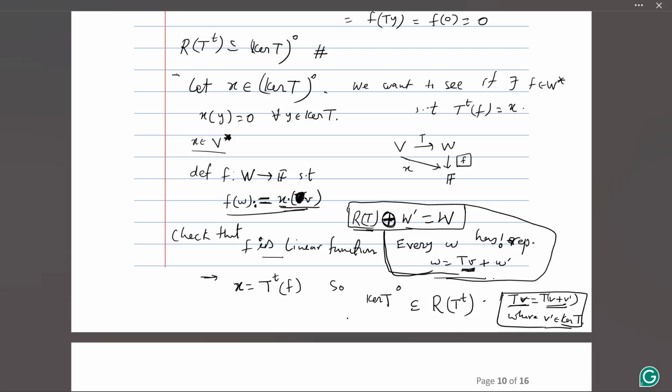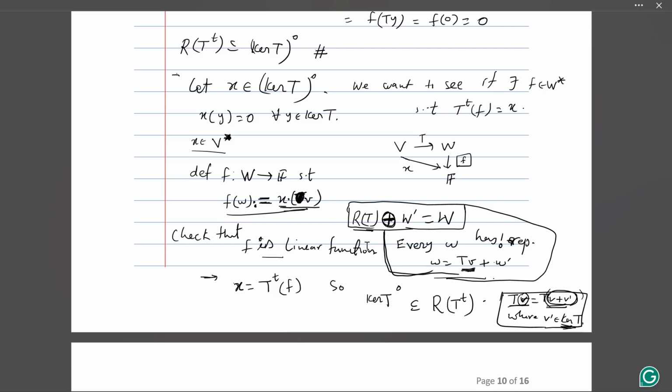Even if you evaluate X at this v or X at this v plus v prime, it will only come out X of v, because X of v prime will become 0 since X is in the annihilator. So this is well defined and a linear functional. Okay, I'm leaving this.